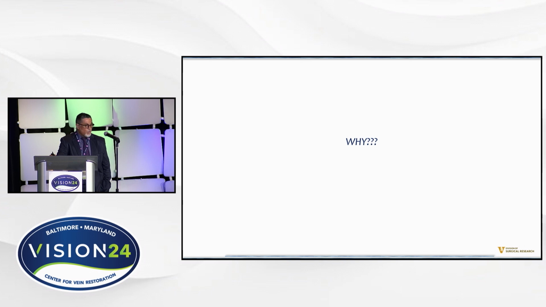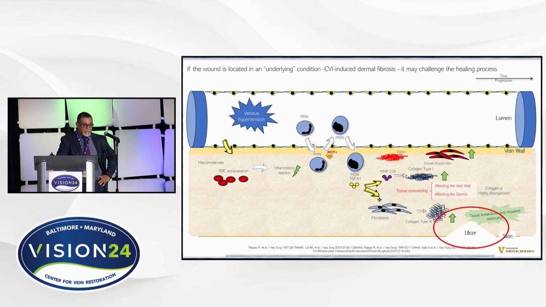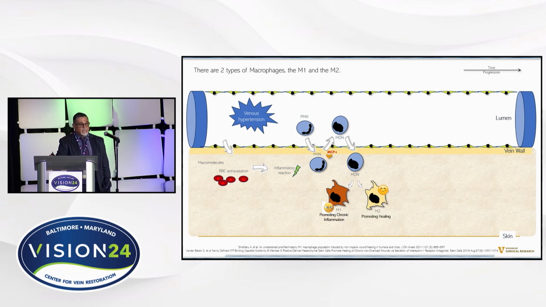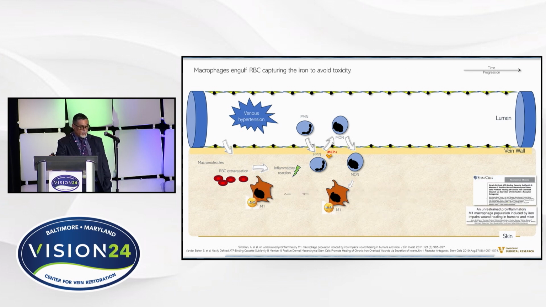So the question is, why do we have this non-healing process? Well, it's quite interesting if you think that the dermis in this particular scenario, when we have underlying venous hypertension, if we induce an injury here, probably that is responsible for that. But later on, we also observe that macrophages, classified as M1 or M2, the bad guys and the good guys, participate in this chronification of the situation, because macrophages clean up everything that is coming and is not from the dermis.